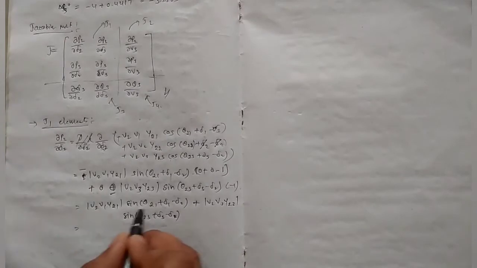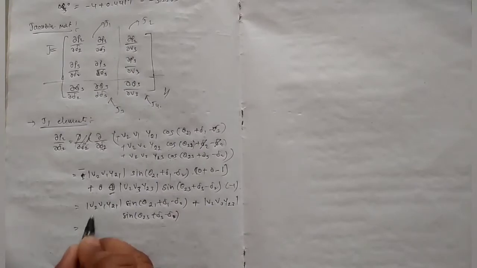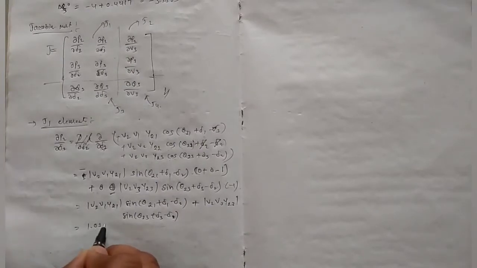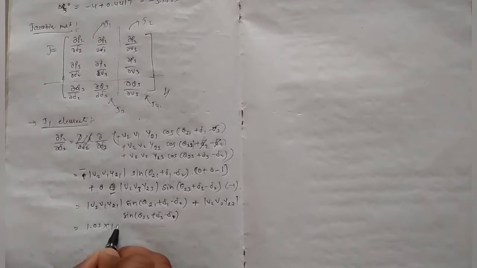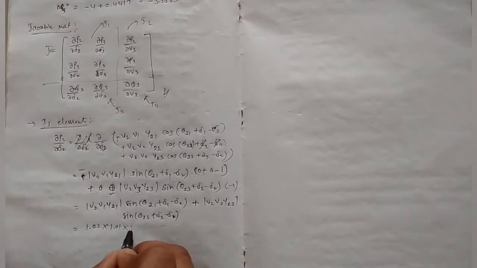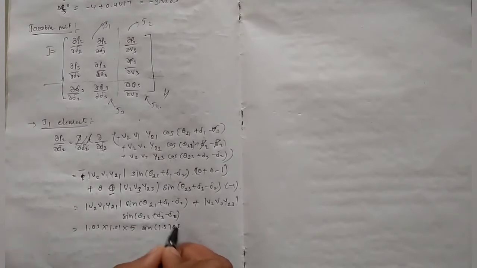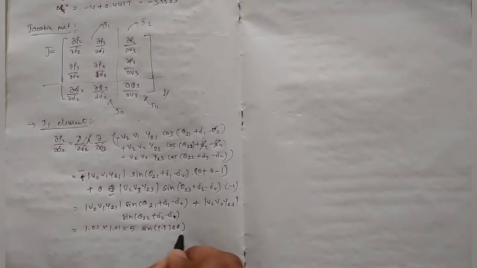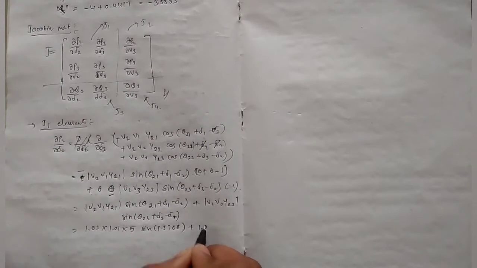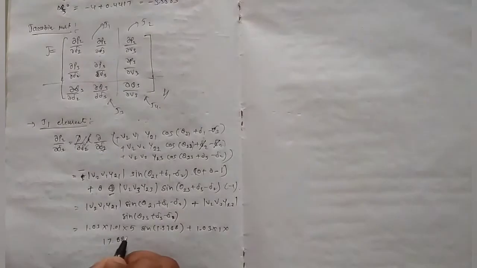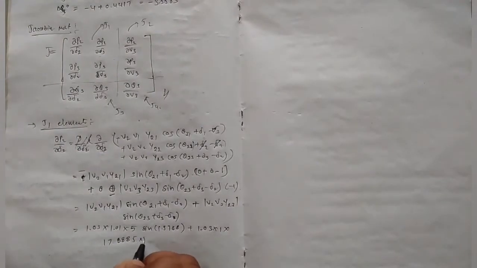Okay, substituting all those values, we'll get the final answer. V2 value is 1.03 into 1.01 into 5, and the sin of 1.5708, and δ1 and δ2 are always 0 using flat start. 1.0 into 1 into 17.8885 into sin 2.679.